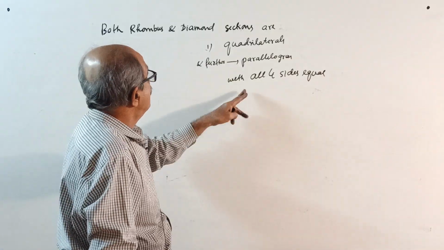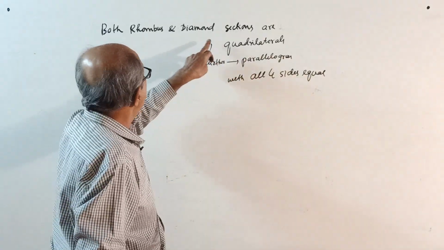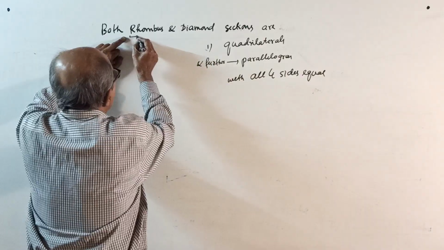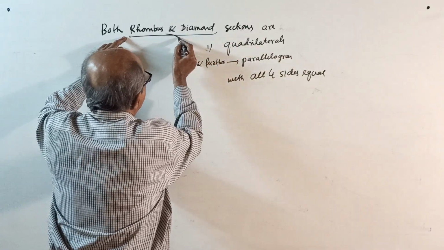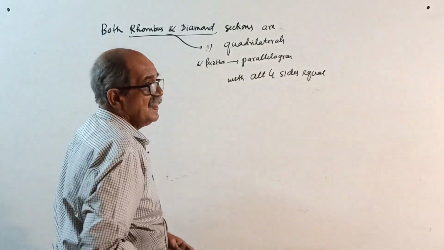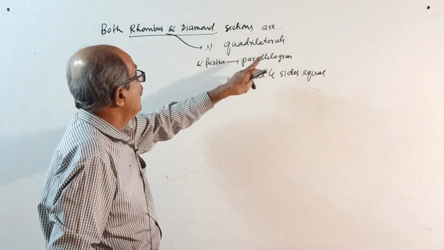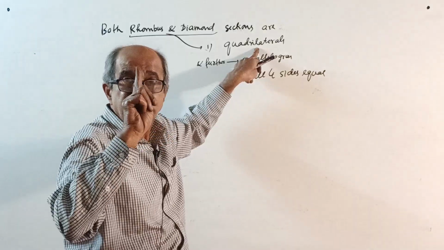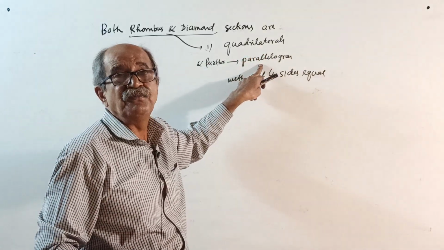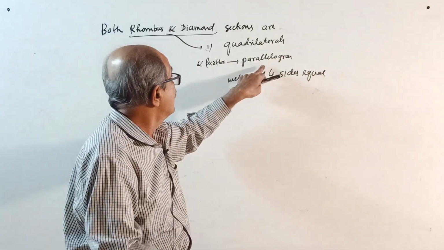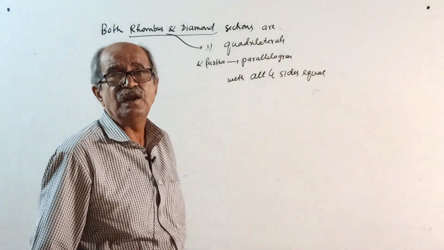Now I will further tell, this is general for both rhombus and diamond. For both, they are quadrilateral first of all. Quadrilateral means four sides are there, further parallelograms, and further all four sides are equal.